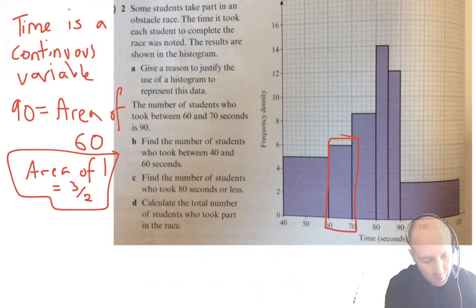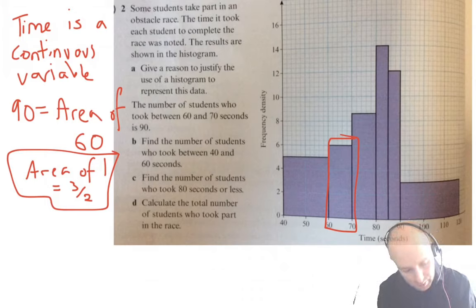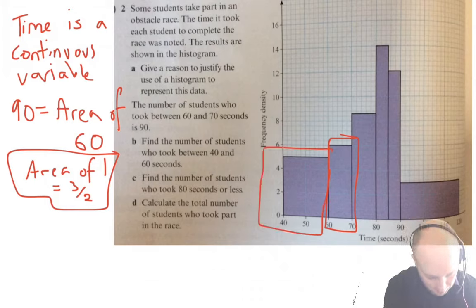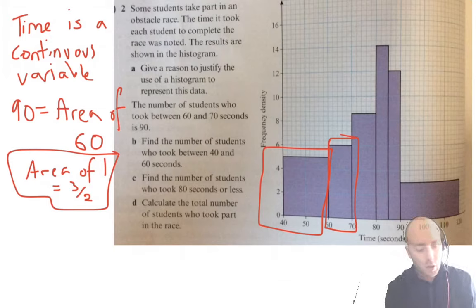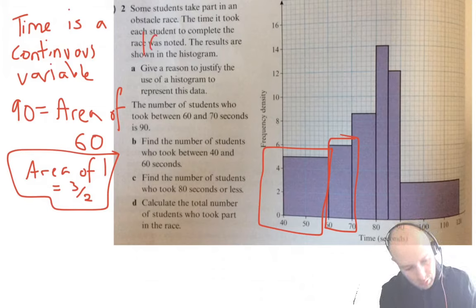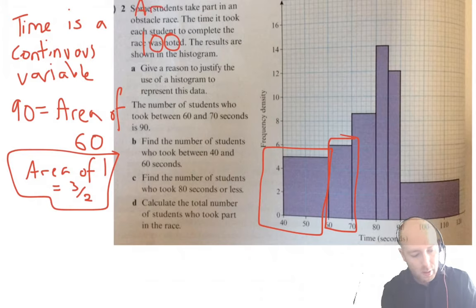Okay, so we want to find the number of students who took between 40 and 60 seconds. If I look at my area for this one, we've got 5 times 20, so an area there of 100, which is going to be a frequency of 150.